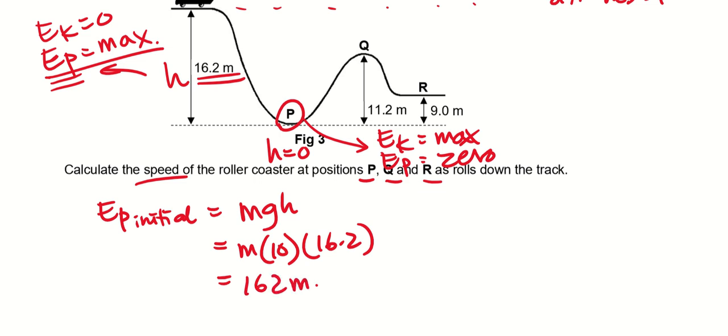There's no EK, so let us now go on to calculating the EK at position P. Take note of my notation. This is the energy in the kinetic store at P, and this is going to be equal to the energy in the gravitational potential store at initial.